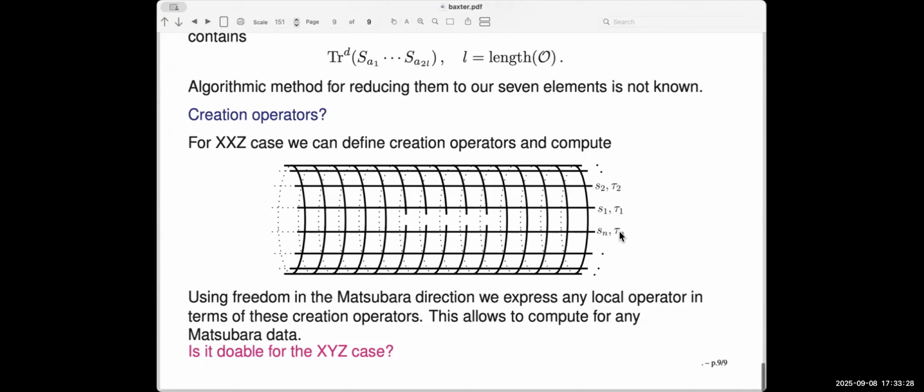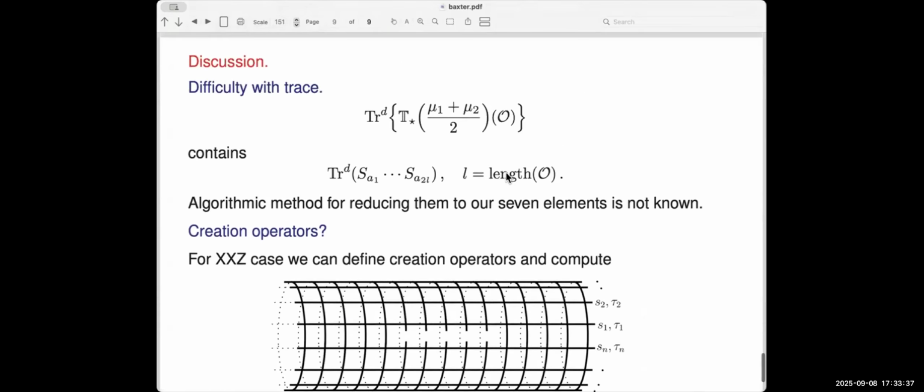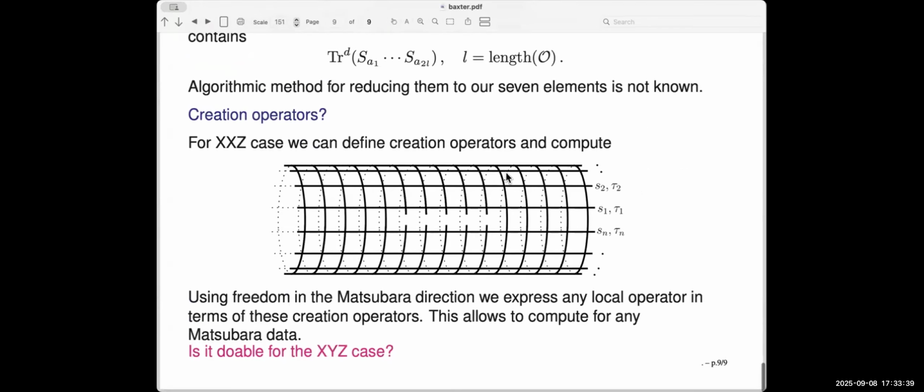I think this is a more promising direction than computing traces, which is interesting by itself, but this is a more interesting possibility.